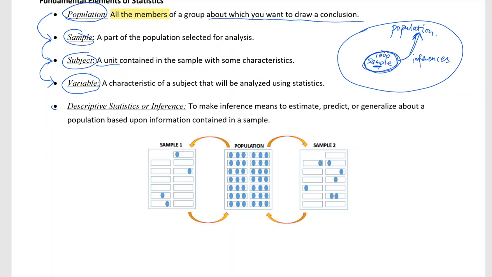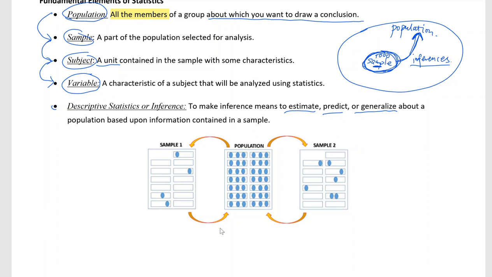So we select a smaller sample from the population so that we can study this sample, and then based on this sample we can make the conclusion about the population, and this process is called making inferences about the population. More specifically, to make inference means to estimate, predict, or generalize about a population based upon the information contained in the sample.